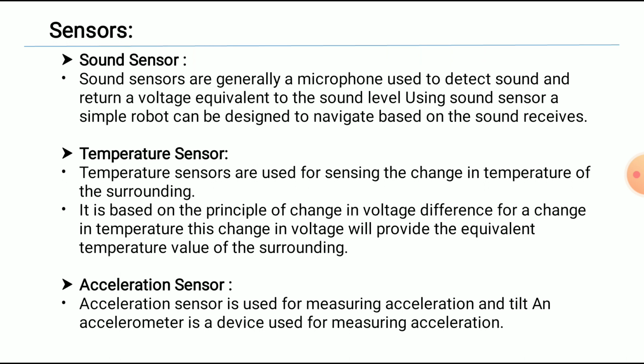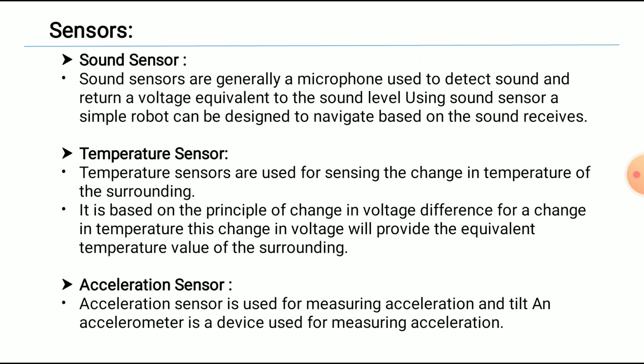Fourth, temperature sensor. Temperature sensors are used for sensing the change in the temperature of the surroundings. It is based on the principle of change in voltage difference for change in temperature.